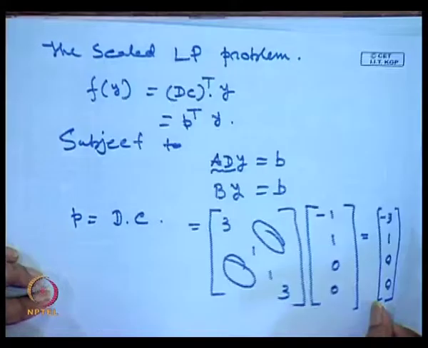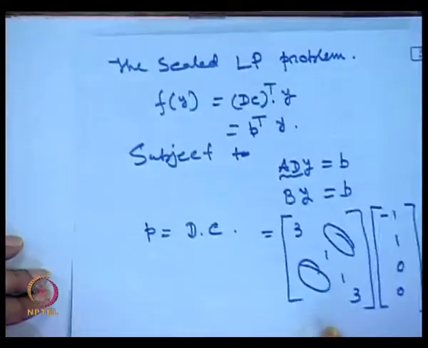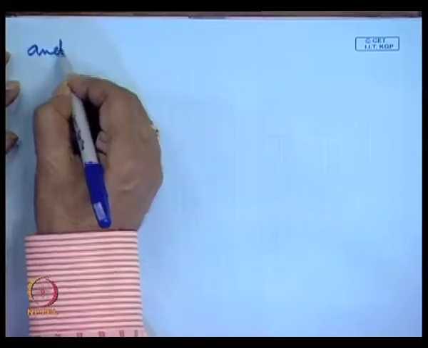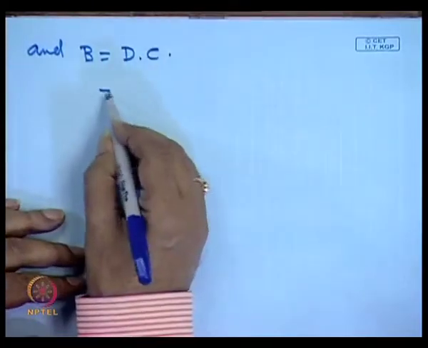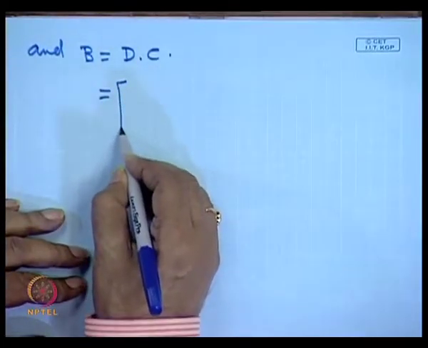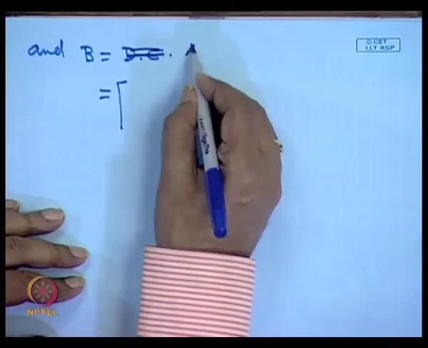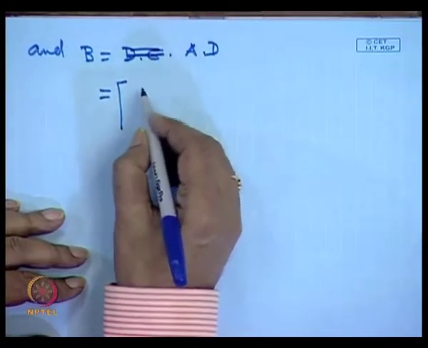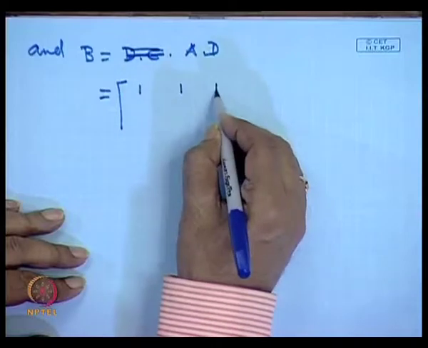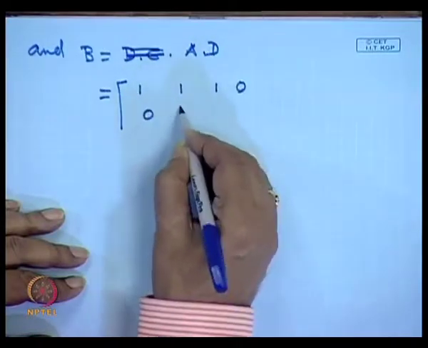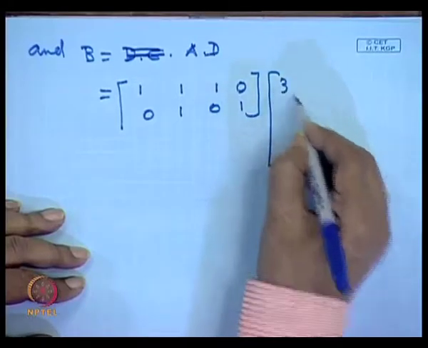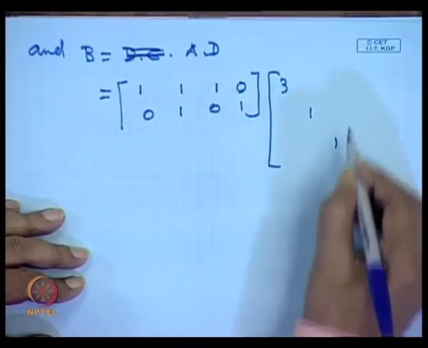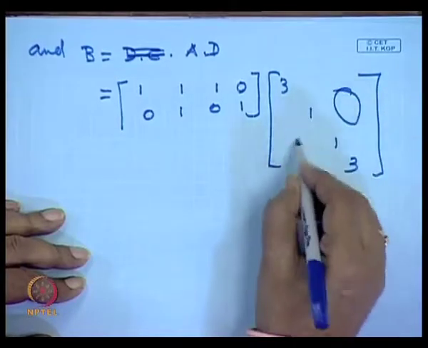I need the information of P in order to get the directional vector. And B is what? Sorry, this is A into D. So, the A matrix is 1 1 1 0, 0 1 0 1, and the D matrix is 3 1 1 3, with all other elements 0.